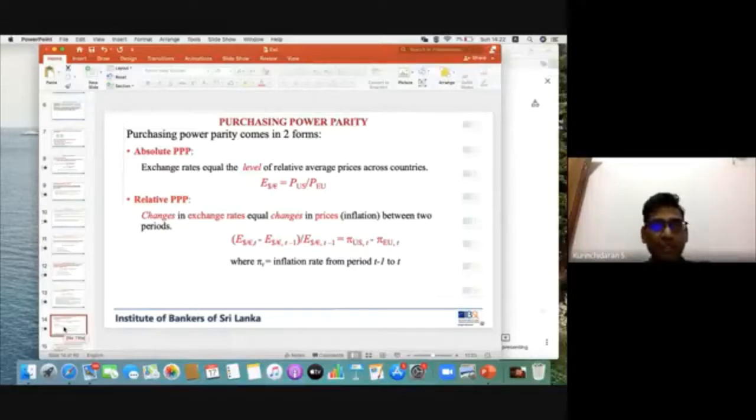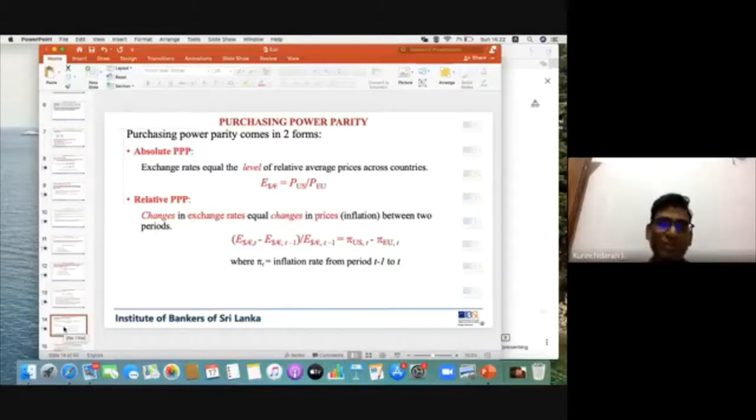And one more thing I want to discuss, for the sake of having an idea: purchasing power parity comes in two forms. One is absolute purchasing power parity, the other one is relative purchasing power parity. What we previously looked at is absolute purchasing power parity. That means the exchange rate equals the relative level of average prices across the countries.